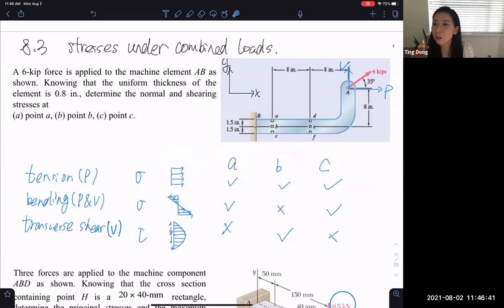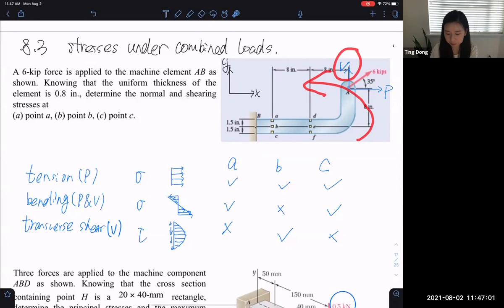The problem is the bending. So bending is positive or negative. It's determined by the bending moment. Let's say I calculated the bending moment for this one. You can check the detailed solution later. The combined bending moment caused by this V and P in the end is, I think, in this direction. So if the bending moment is in this direction, then is the bending stress positive or negative?